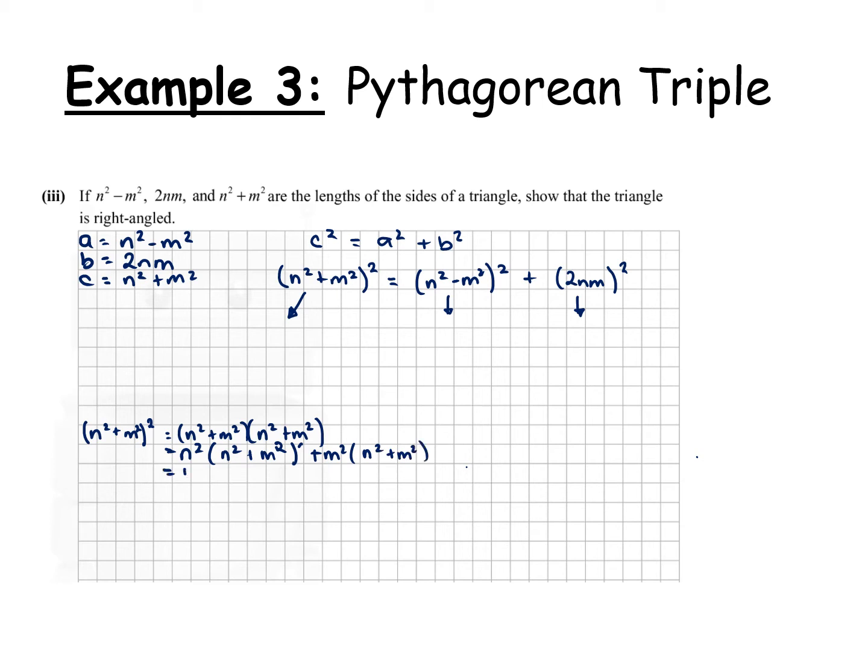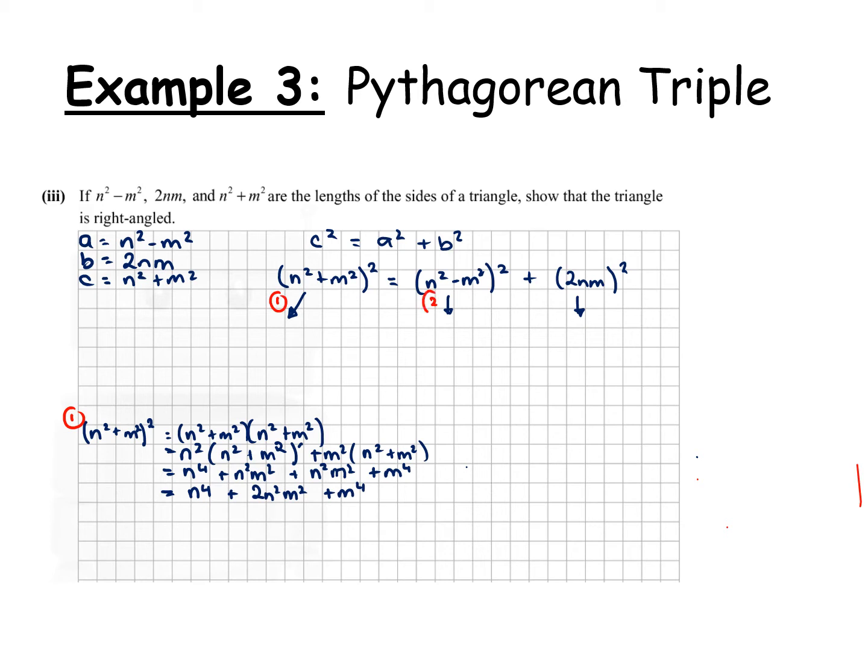Multiply that out: n to the power of 4 plus n squared m squared plus n squared m squared plus m to the power of 4. Cleaning that up, we get n to the power of 4 plus 2n squared m squared plus m to the power of 4. So that's our first little piece here.